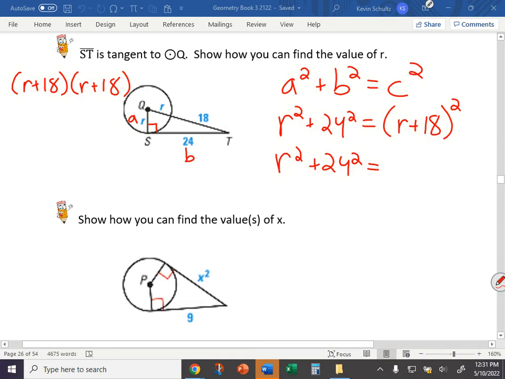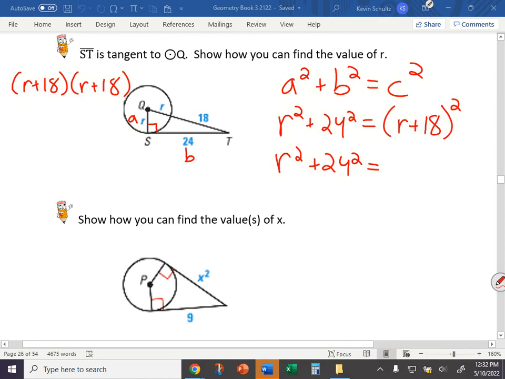We solve the thing. If we don't solve, Mackie, why am I here? What's the purpose of my career choice if all we do is just show how? You must solve, Mackie. Solve for R. You sound like the alien in Toy Story.